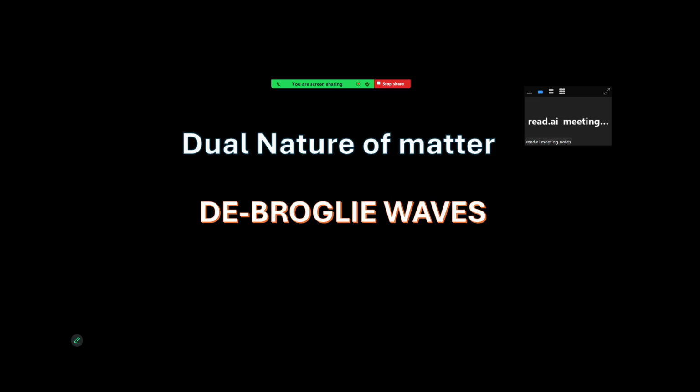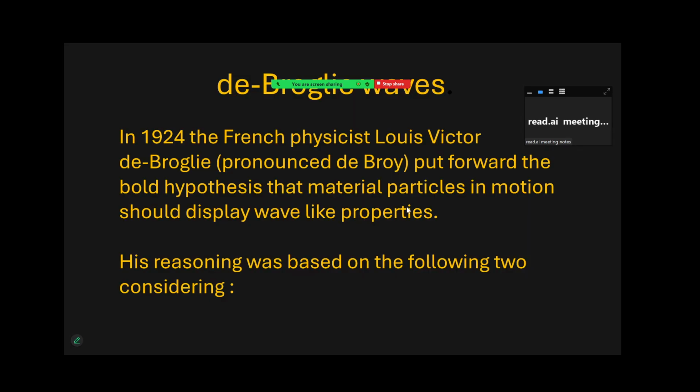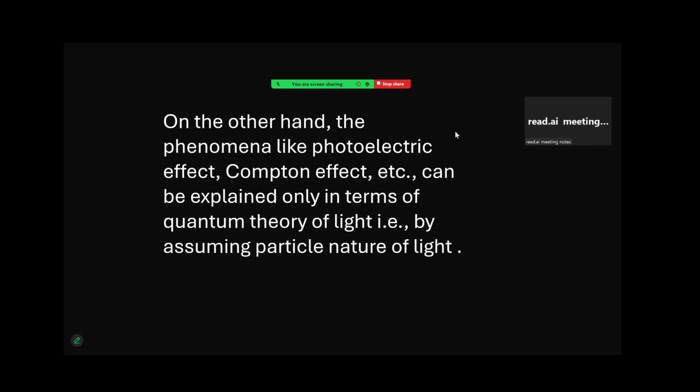Now we look at dual nature of matter, and the whole idea was hypothesized by de Broglie. It is spelled as de Broglie, but it's pronounced as de Broglie, and the consequent wave that is associated is called de Broglie waves. So we go back to 1924.